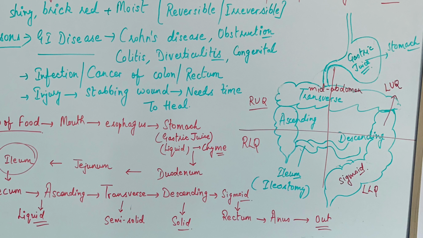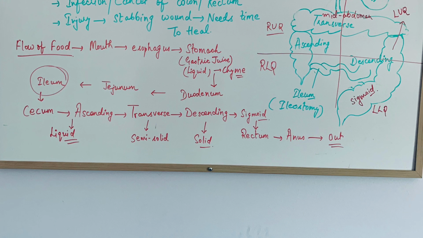For example, if the colostomy is in the ascending colon, where will be the location? It will be in the right upper quadrant. If a question asks where the descending colostomy is, it's in the left upper quadrant.